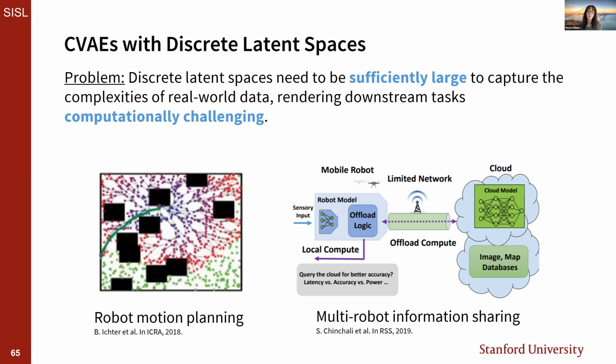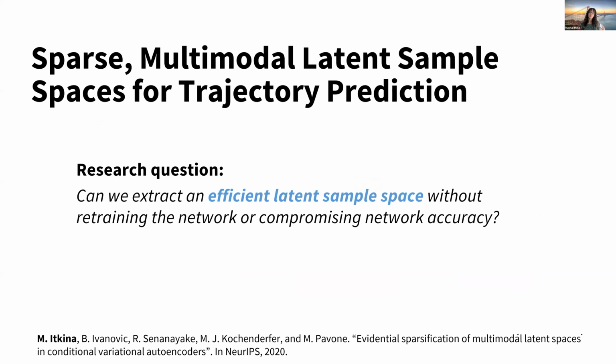Similarly, in multi-agent robotics, a high-dimensional latent space encoding may be too large to transmit over limited bandwidth between coordinating robots. The research question we're exploring here is, can we extract an efficient latent sample space without retraining the network or compromising network accuracy?